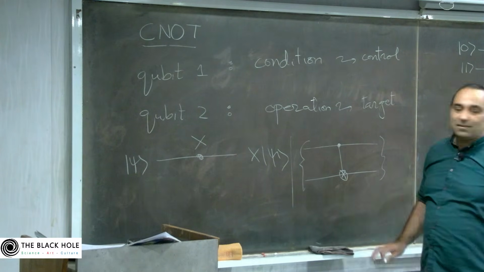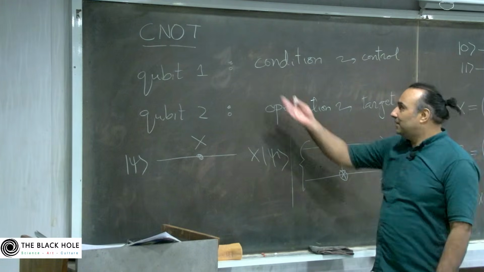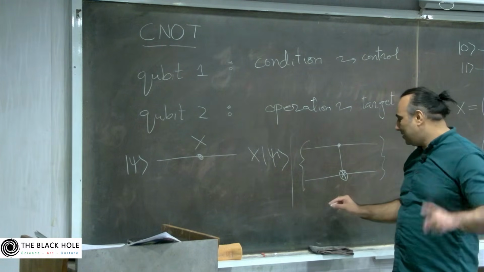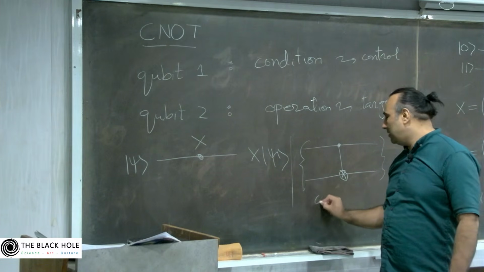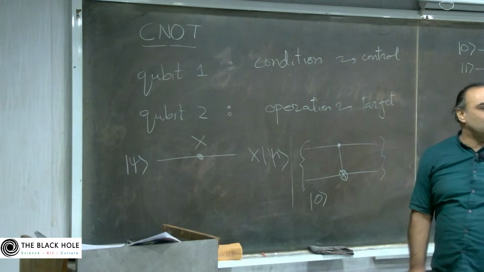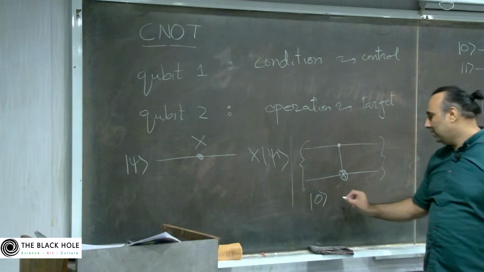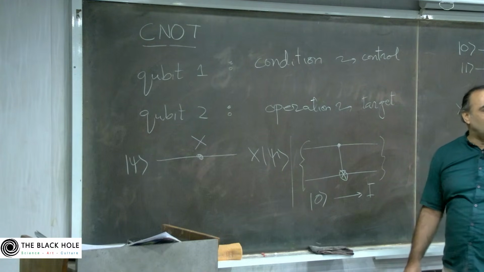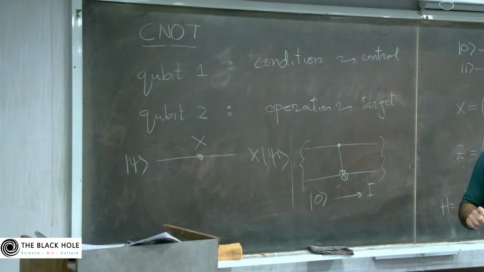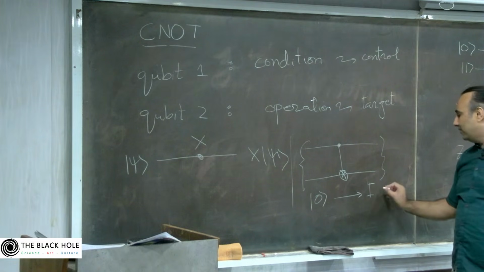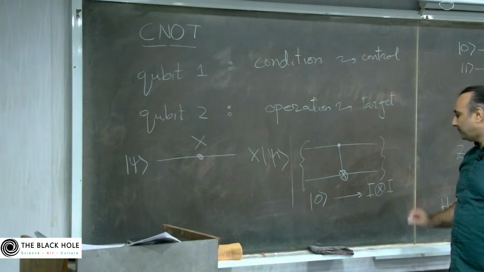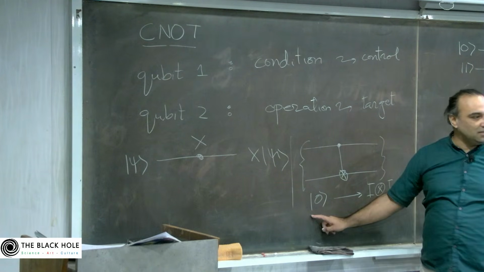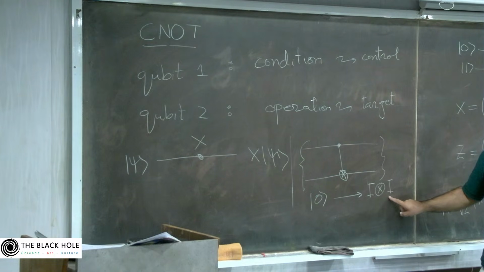Okay, and what's the operation? The operation is simply C-NOT. If the first qubit is in the state 0, then you do nothing to qubit 2. The operation on qubit 2 would be identity, and if you write it in the particular 2 qubits Hilbert space, then we can write it like this. If this is 0, then for the second, it's identity, so basically you leave it as it is.